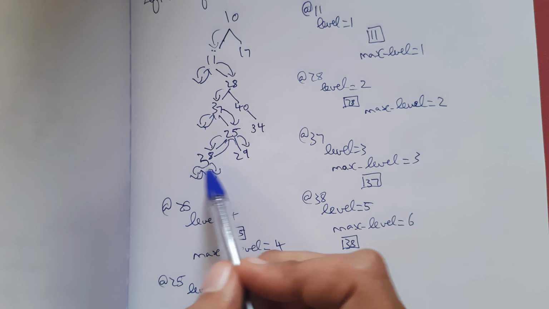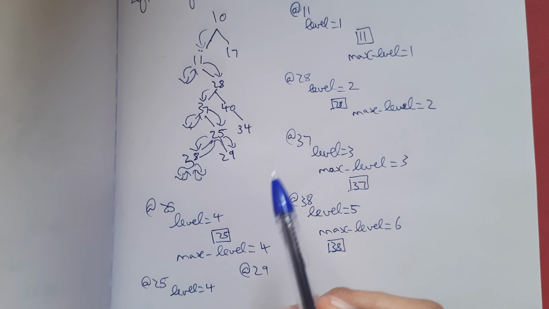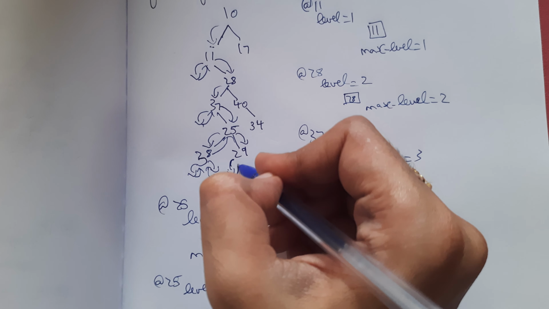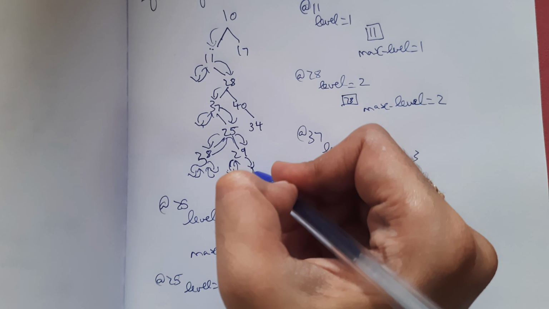There is already another node before node 29 which has already been printed. Since that is the case, we don't print 29 here. We go to the left subtree of 29, which is non-existent, so we return, and the right subtree of 29 is also non-existent, so we come back to 29.